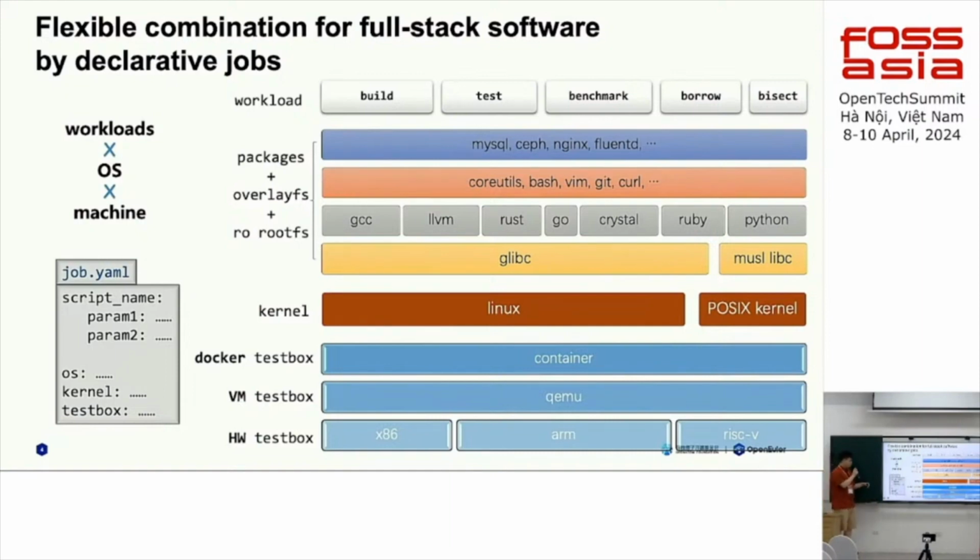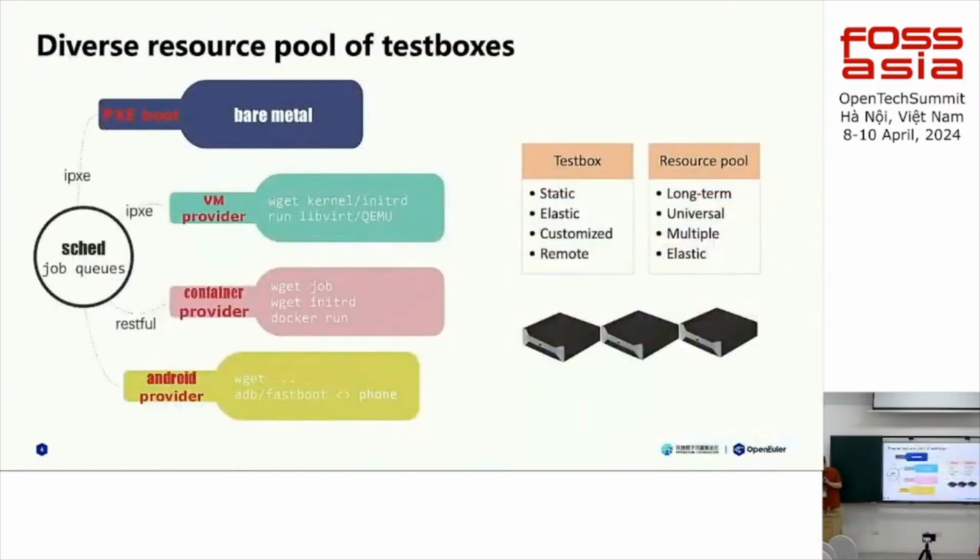It supports different kinds of kernel, different kinds of machine, different kinds of software, to serve your requirement for building or testing or benchmark, or simply to borrow a machine to use. Just if you need a bare metal or a VM or container, all of them are supported.